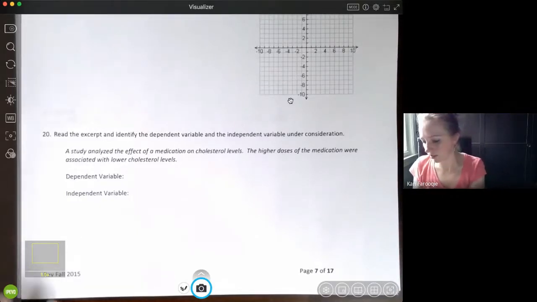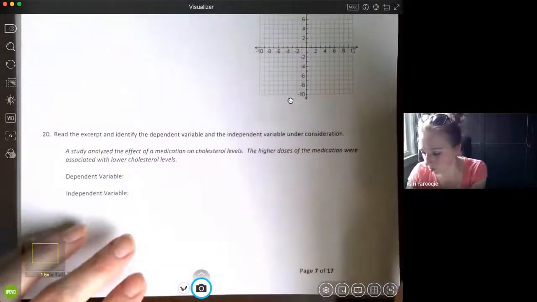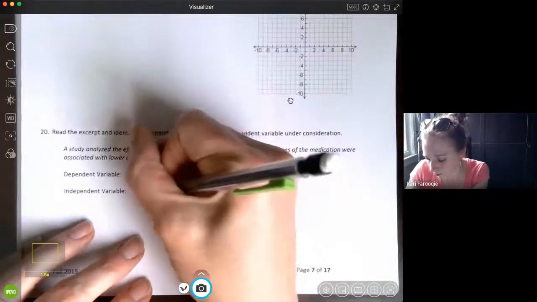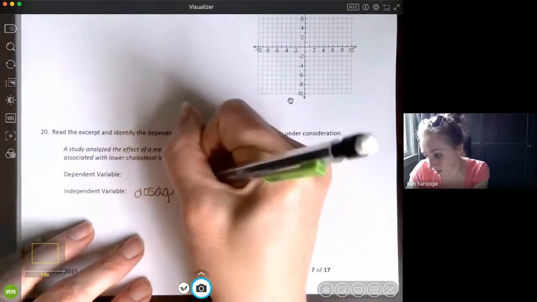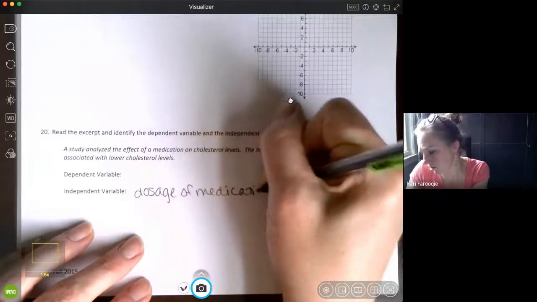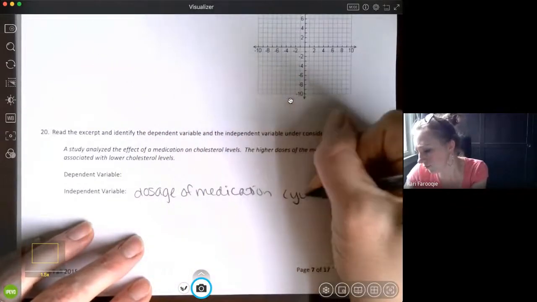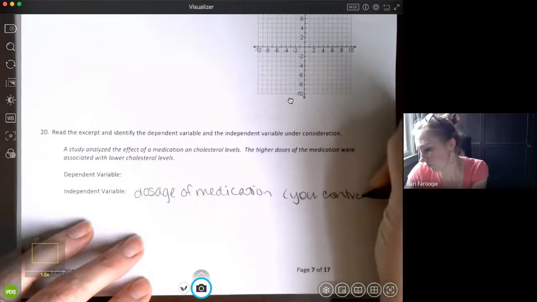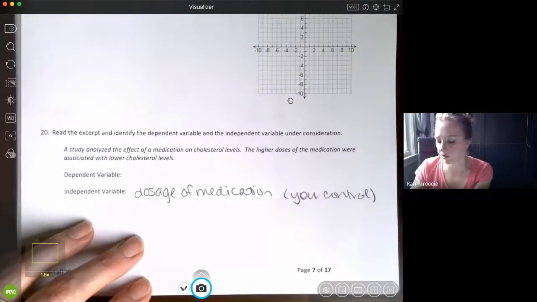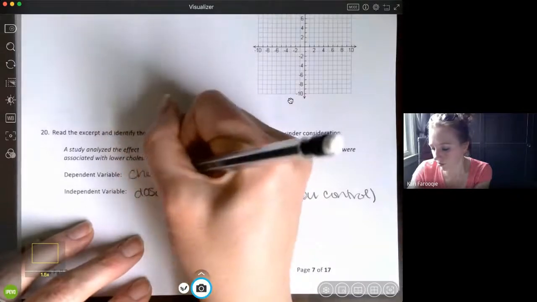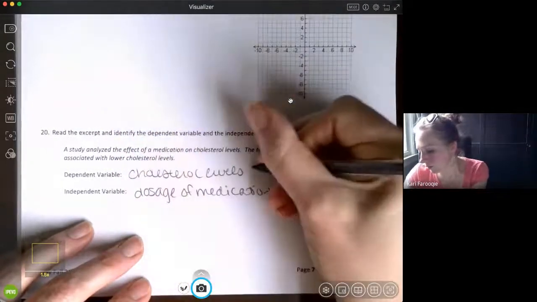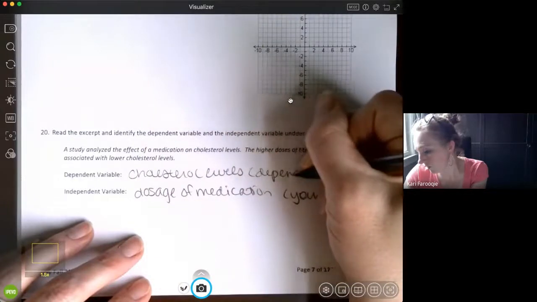So in this case, the independent variable would be the dosage of the medication or something of that nature, because that's something that you control. And then for the dependent variable, we're talking about cholesterol levels. So these are going to depend on the medication.